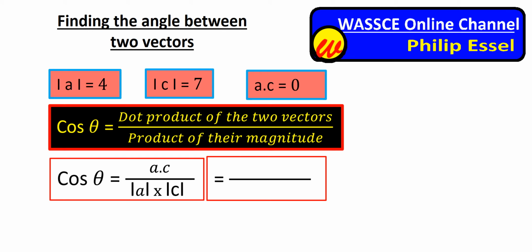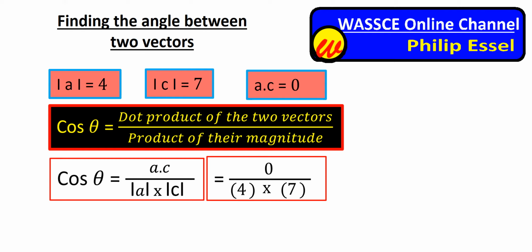Our dot product is 0, so let's write it down. The magnitude of the vector A is 4, so we would write it. Let's write our multiplication sign. The magnitude of the vector C is 7, so let's write it.